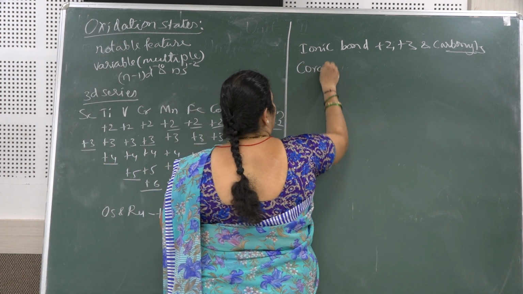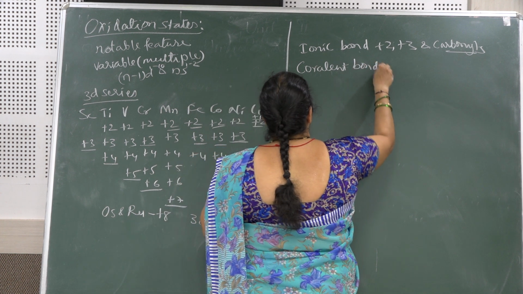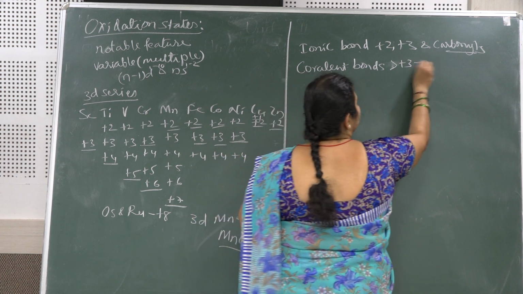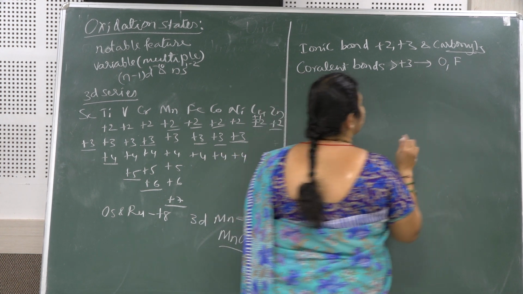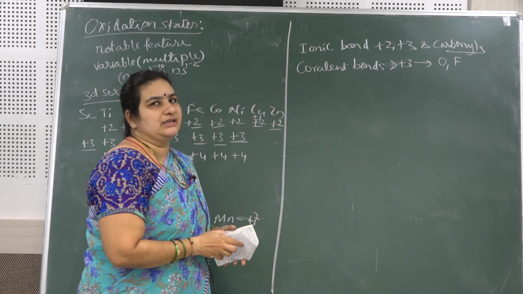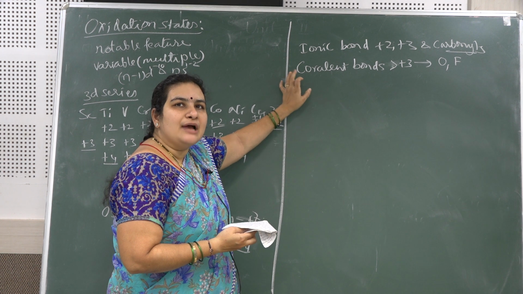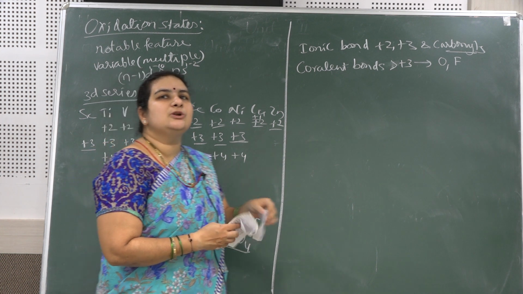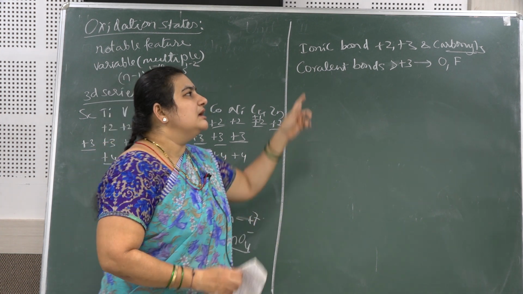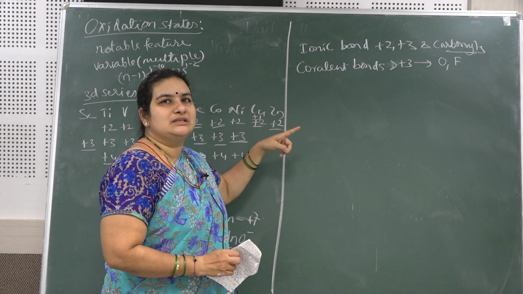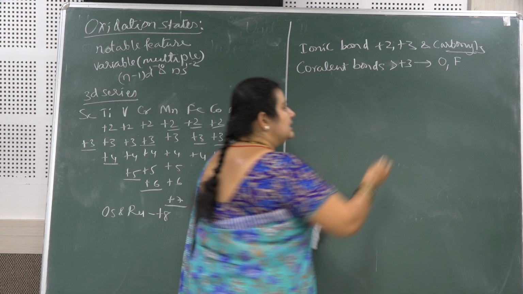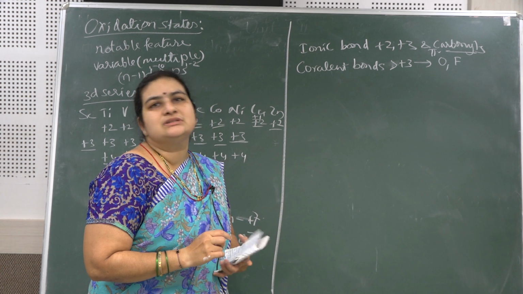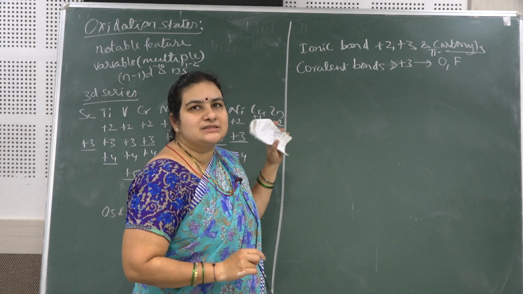Covalent bonds will be formed by oxidation states greater than +3, and these will be stabilized by highly electronegative elements like oxygen or fluorine.